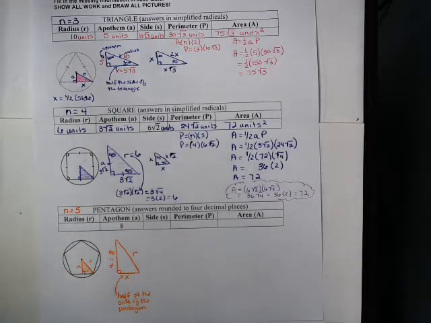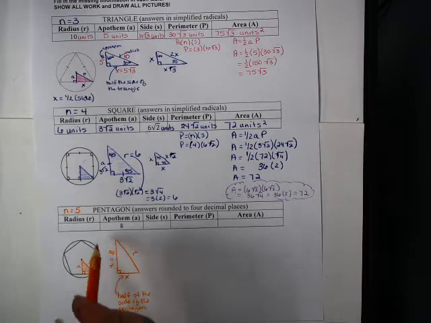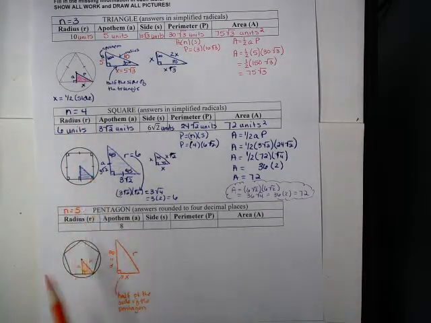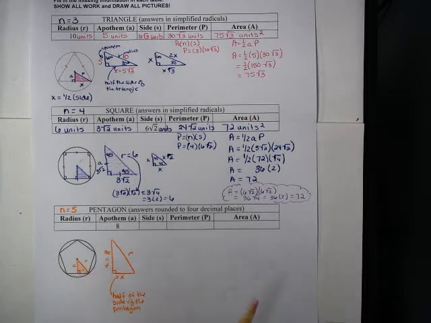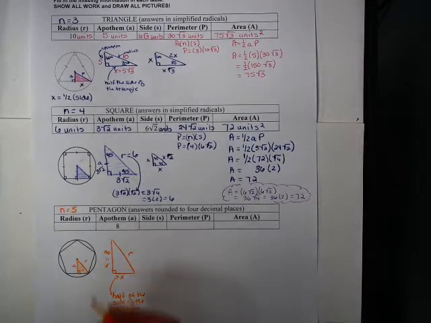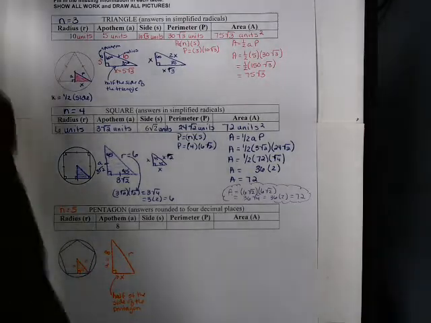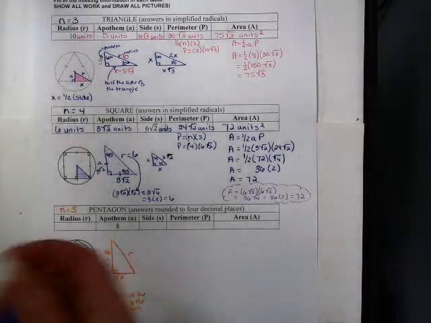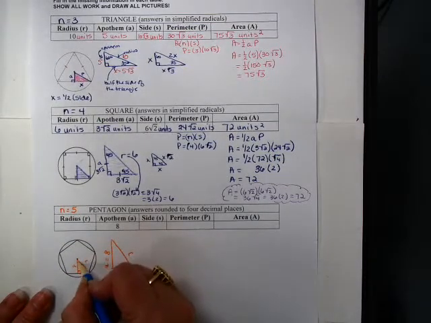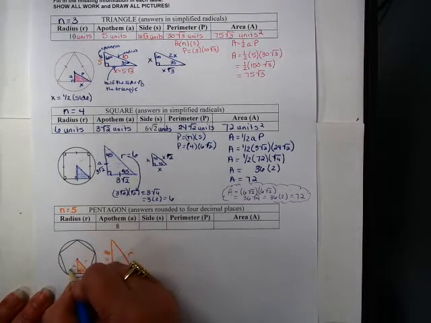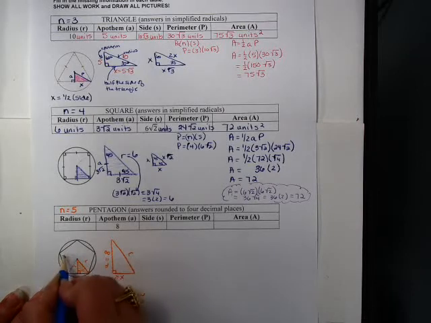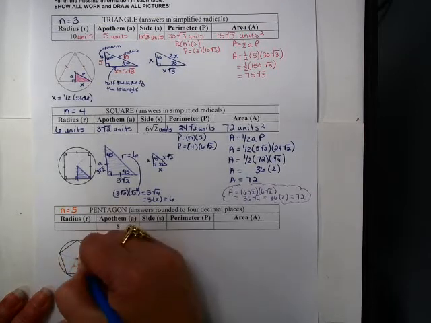Okay. Now, I don't know anything about the angles because it's not like I knew this angle right here. I can find that angle, but it's easier if you find the central angles. Now remember, a central angle, I'm going to draw this in a different color. A central angle is radius to radius. Okay, and how many central angles does a pentagon have?